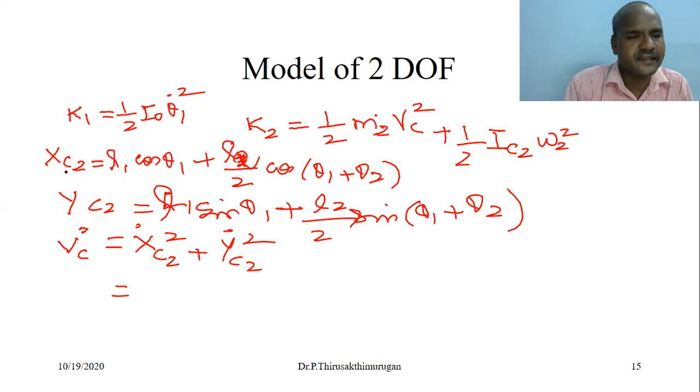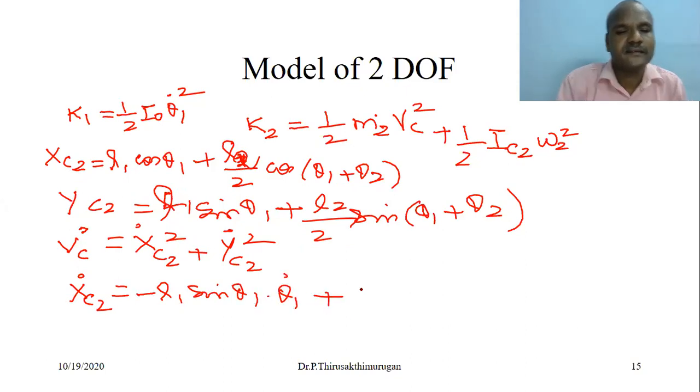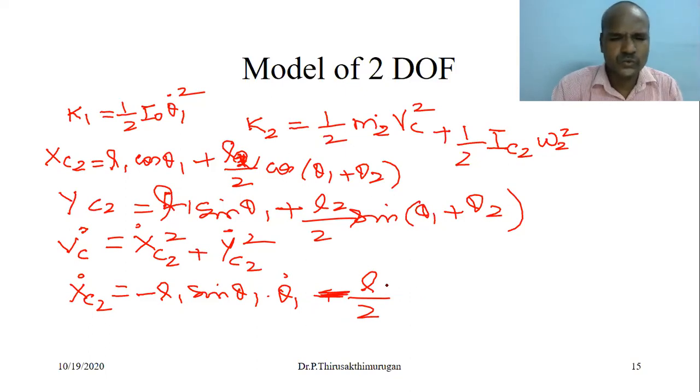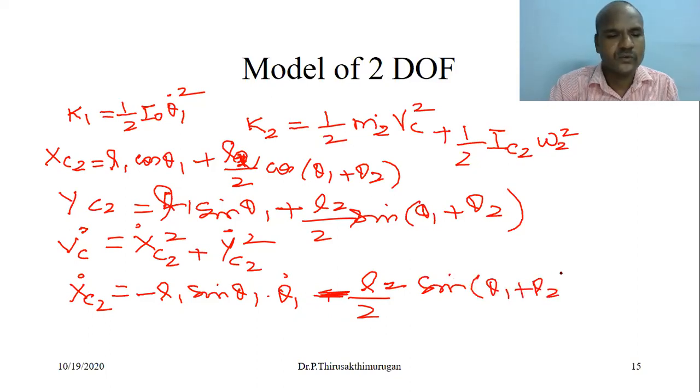First find XC2 dot equal to minus L1 sin theta 1 into theta 1 dot plus L2 by 2, again minus, L2 by 2 sin of theta 1 plus theta 2 into theta 1 dot plus theta 2 dot.